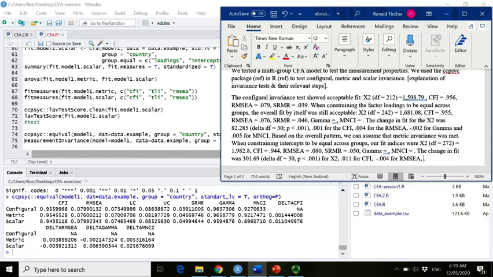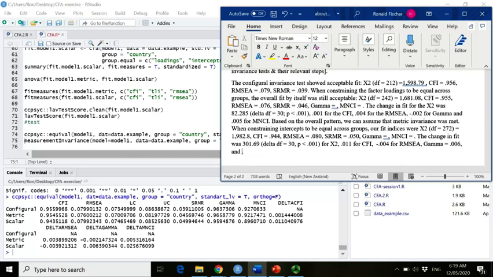So the gamma equals 0.06 and MNCI was 0.026.